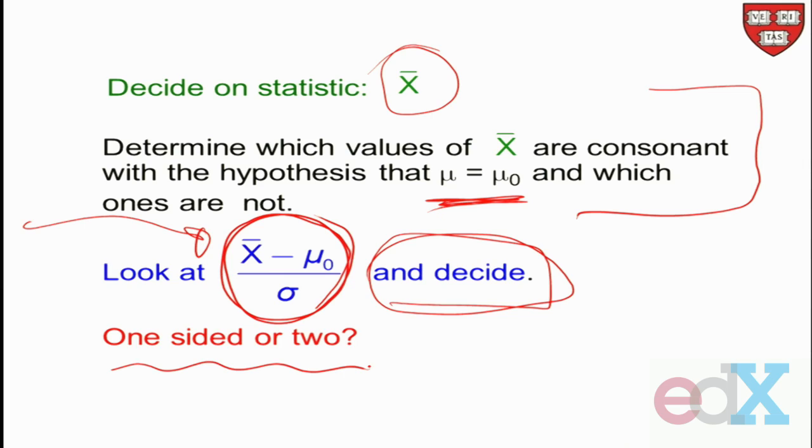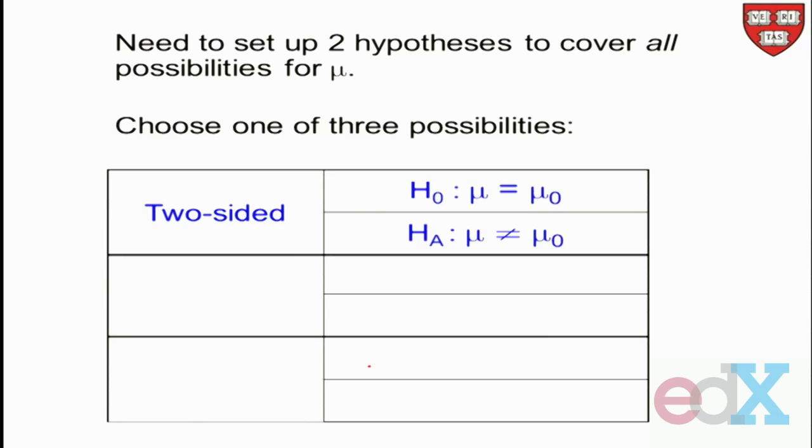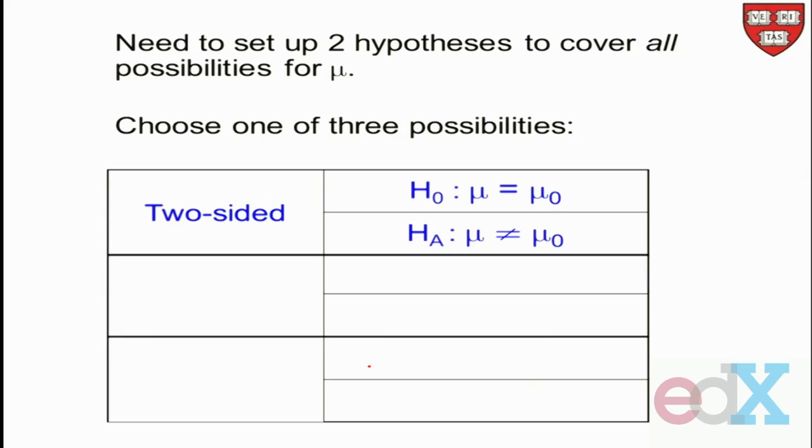There's a wrinkle in all of this when we start talking about deviations in either direction, or maybe we're only interested in deviations in a single direction. We call this the issue of one-sided or two-sided hypotheses. The two-sided hypothesis is the situation where we are interested in mu equal to mu naught, and the alternative is in either direction, mu not equal to mu naught.